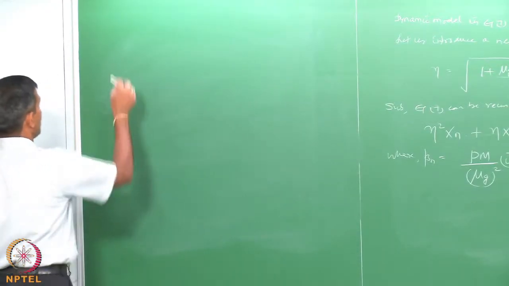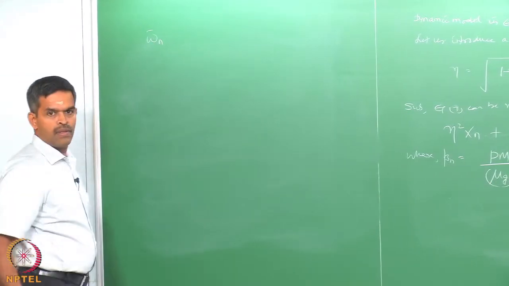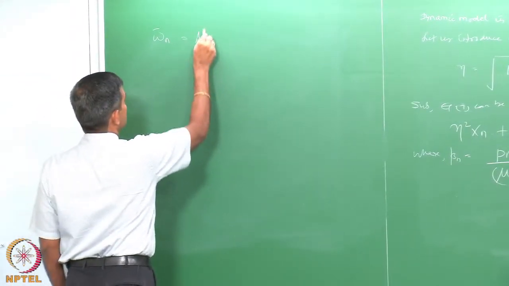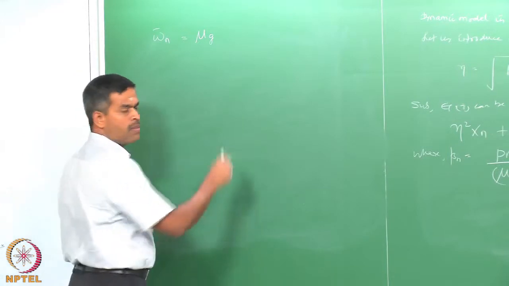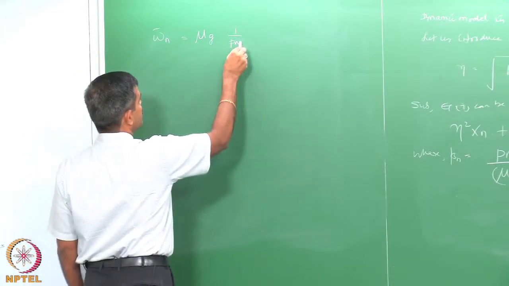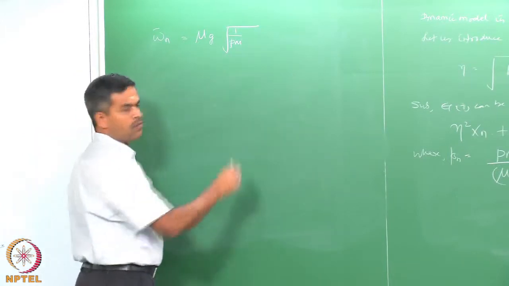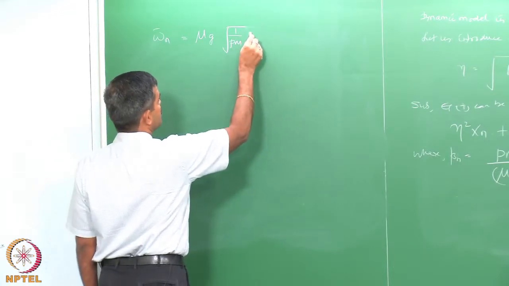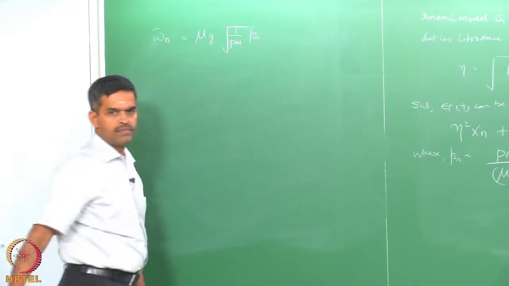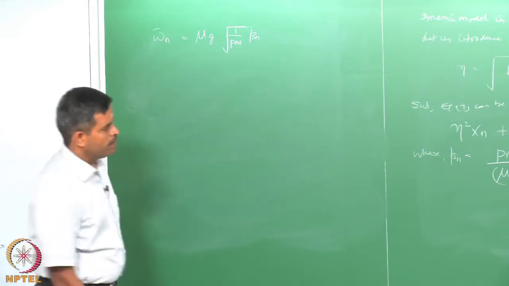The frequency omega bar n will be given by mu g 1 by P m of beta n. Equation number 12.